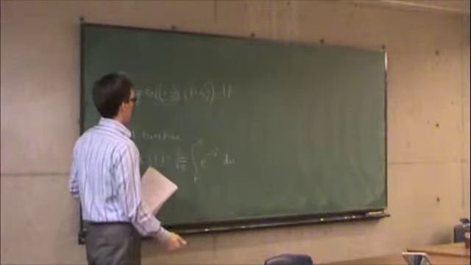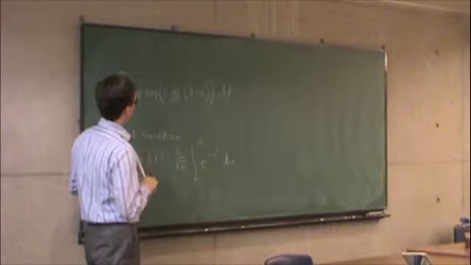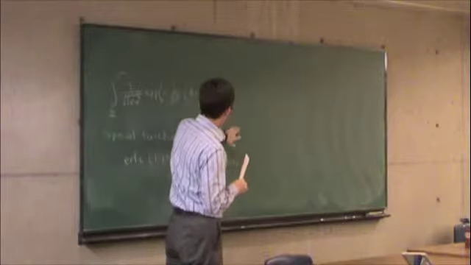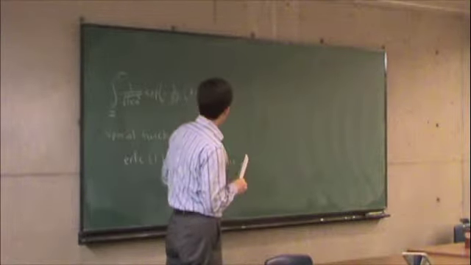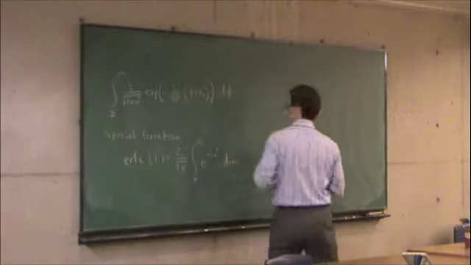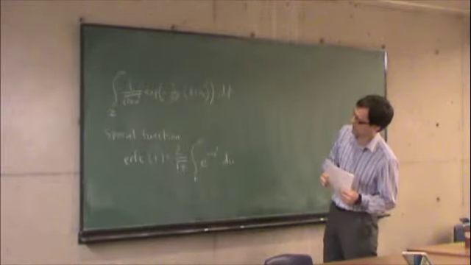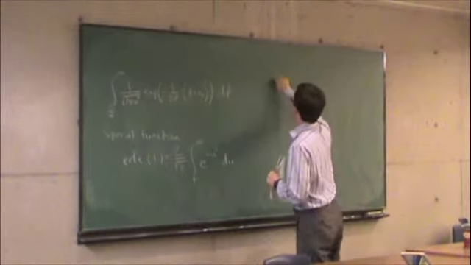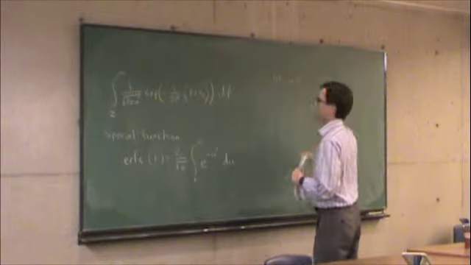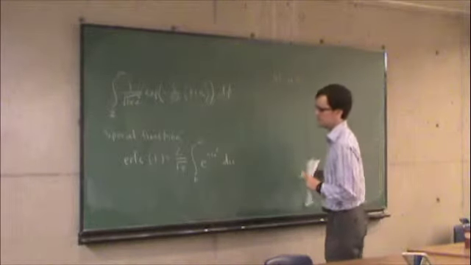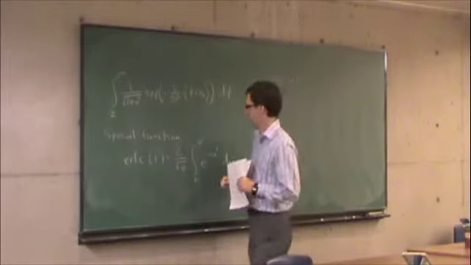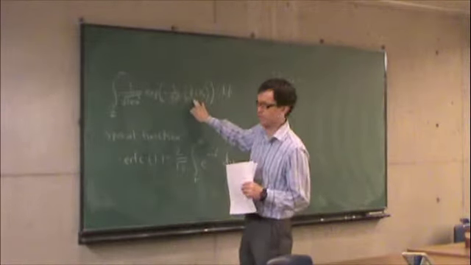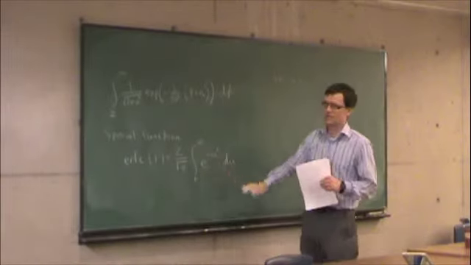What we basically need to do is a change of variables from phi to u. It looks like the easiest way to do that is to substitute so that the exponent is just u squared.